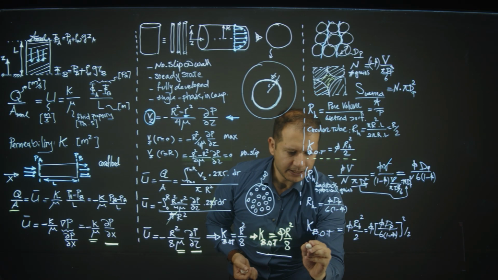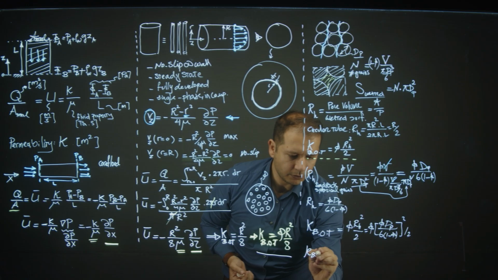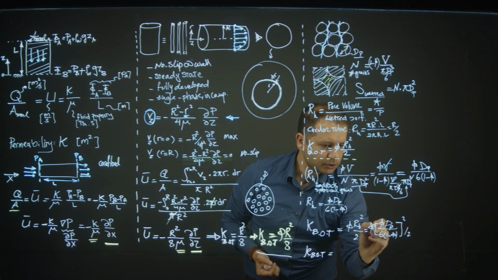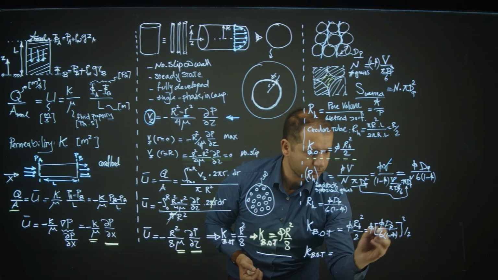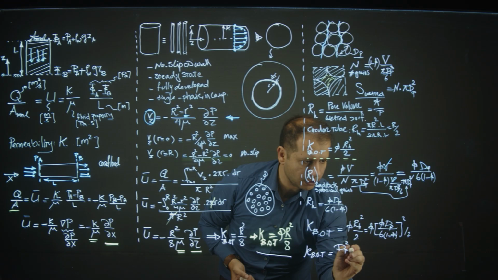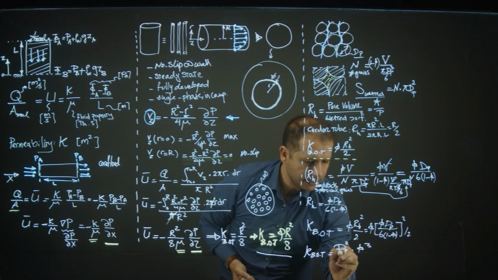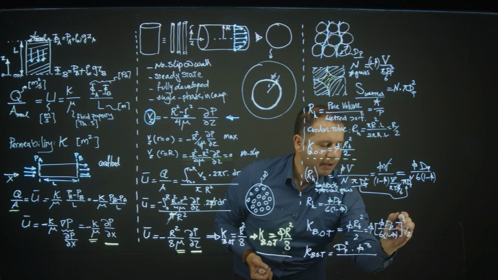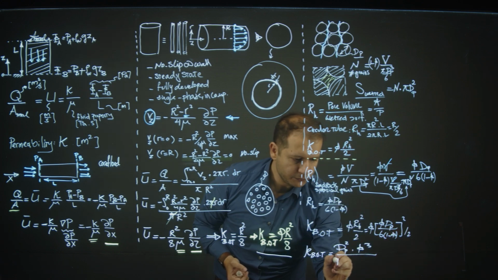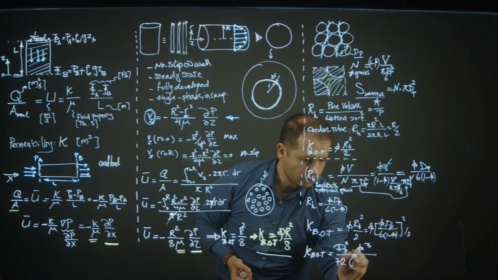The permeability using bundle of tube theory will be phi to the power 2 times phi, which is phi to the power 3, times grain size diameter to the power 2, over 6 to the power 2, 36, times 2, 72, times 1 minus porosity to the power 2.